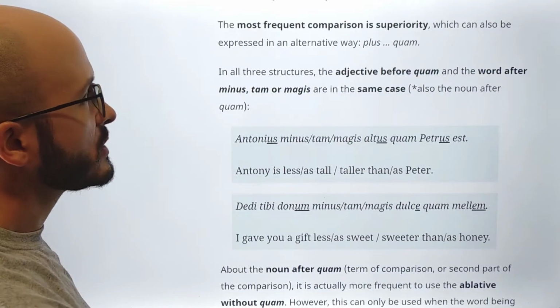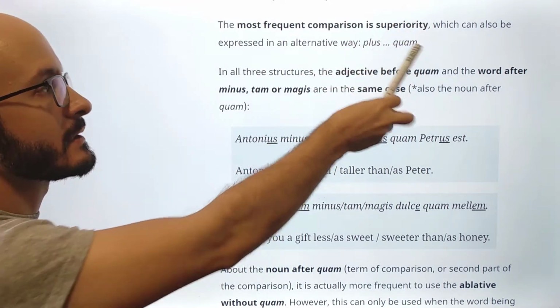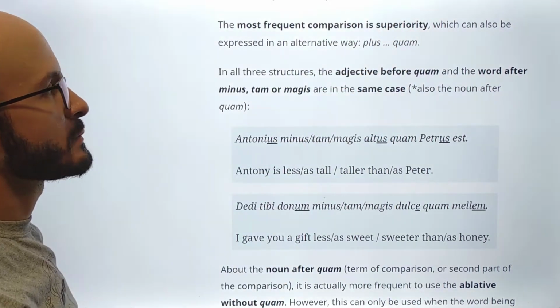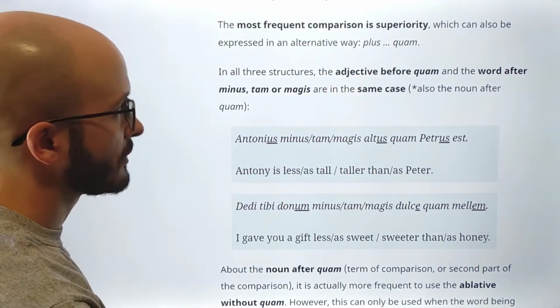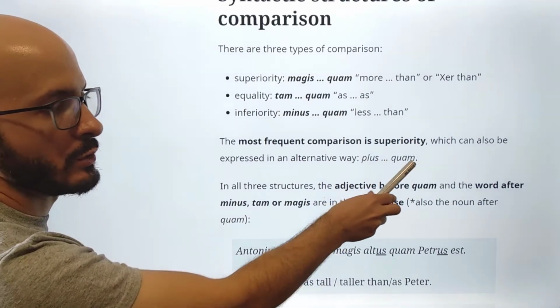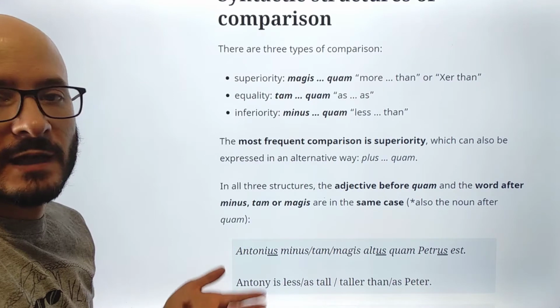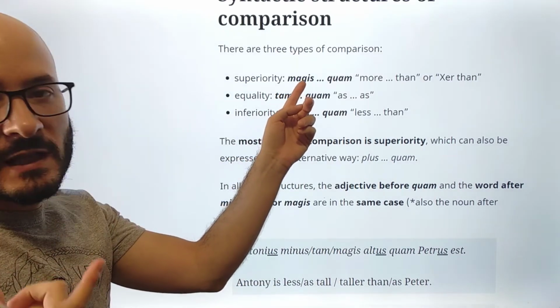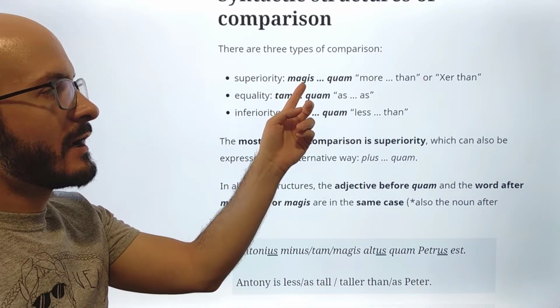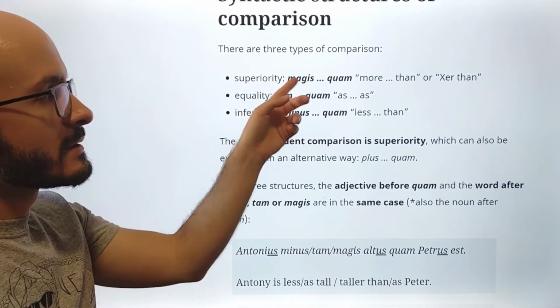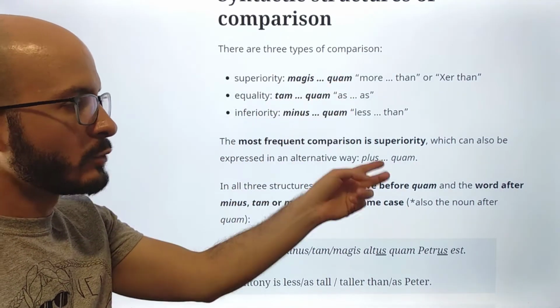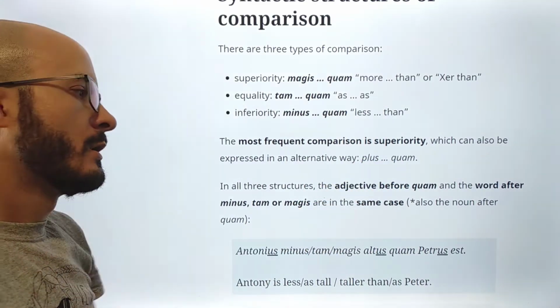Then, the most frequent comparison, as you might imagine, is superiority, which can also be expressed in an alternative way, plus quam. So instead of magis quam, plus quam. It's just an alternative. Most of the times in Julius Caesar and the text that we usually work with it is going to be magis quam, but we might also find plus quam.